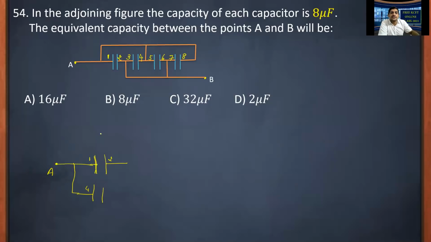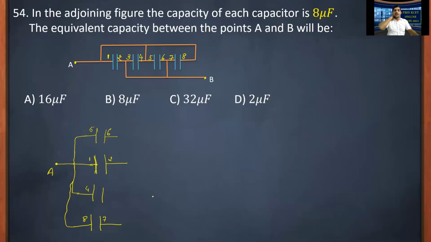So let us take one more capacitor here. The opposite plate of the capacitor is 6. Now the same wire goes and here it connects again to plate number 8. So plate number 8 is connected to A. If this is plate number 8, this is 7.